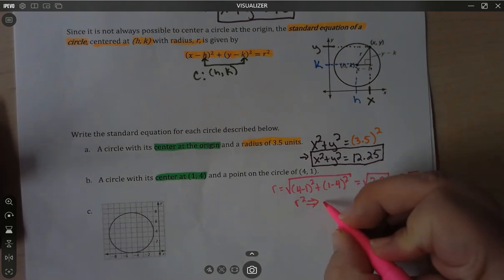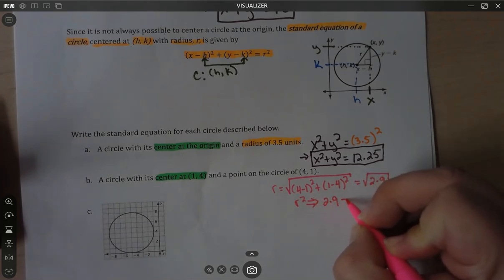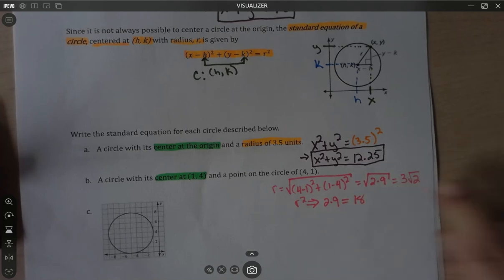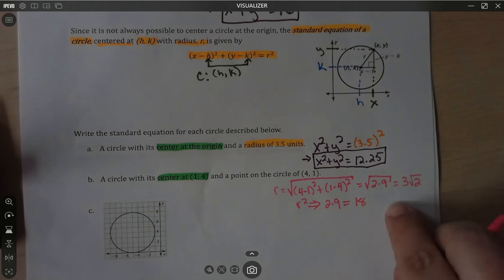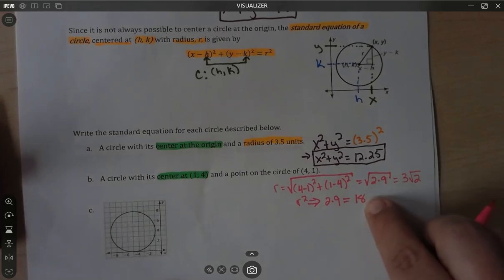And that would have just been 2 times 9, or 18. And if I square this again, I'm going to have 3 times 3 or 9. Square root of 2 times the square root of 2 is 2. 2 times 9 is 18. It's going to come right back to that.